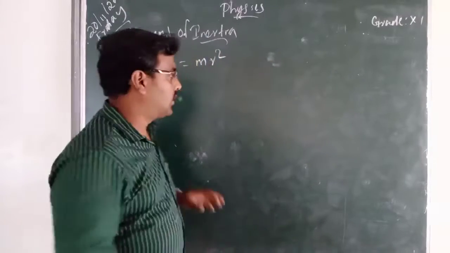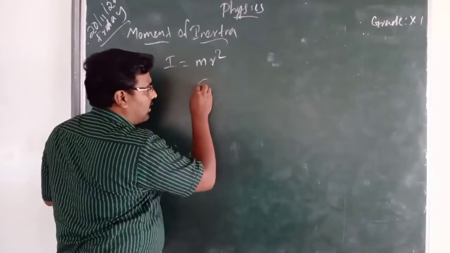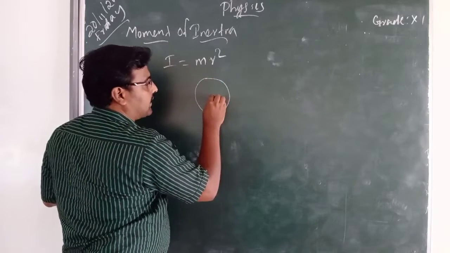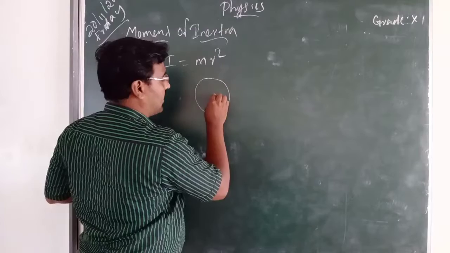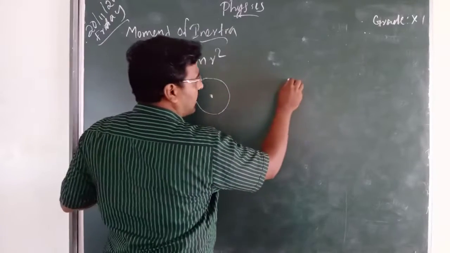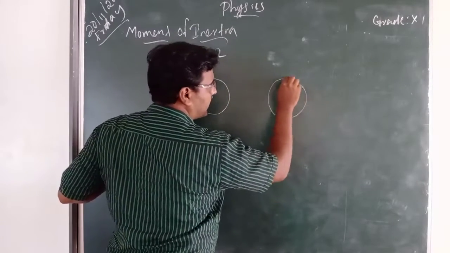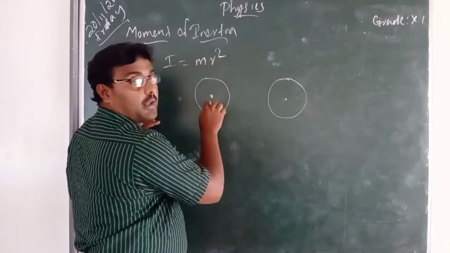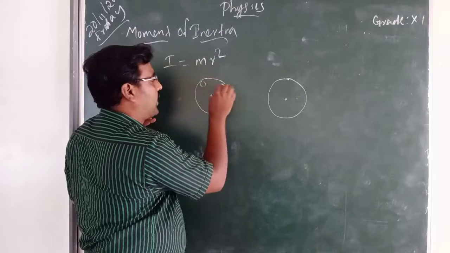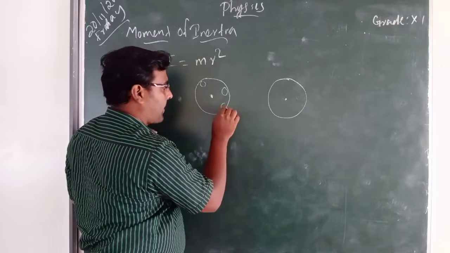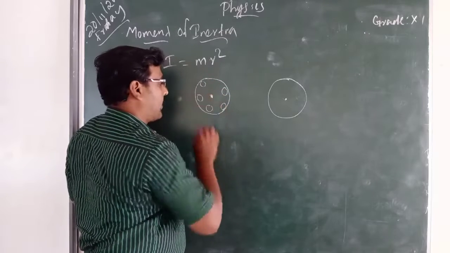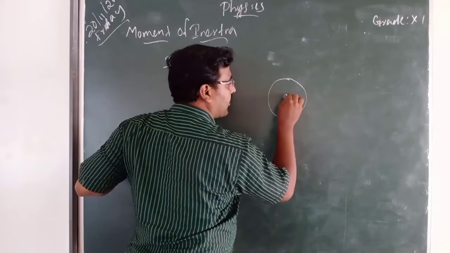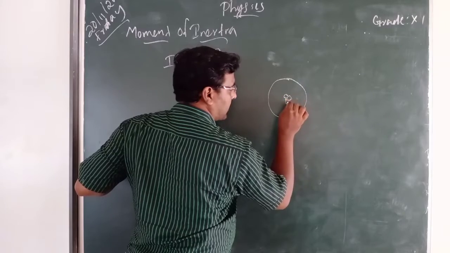I'll show you. Assume that there is a circular object like this, a disc. Here another disc. Two discs are there. And assume that in this disc, you have kept some point masses like this, and in this disc, you have kept some point masses at this position.